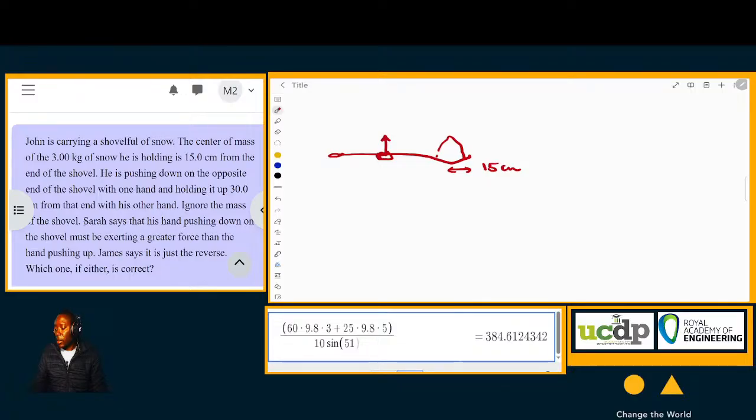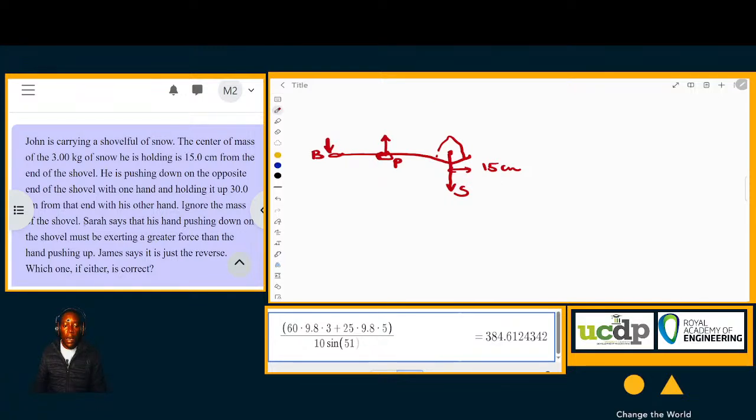And there will be another hand there. So that is the pivoting hand, and the forces start balancing. And this is the snow with that mass acting 15 centimeters from the end.